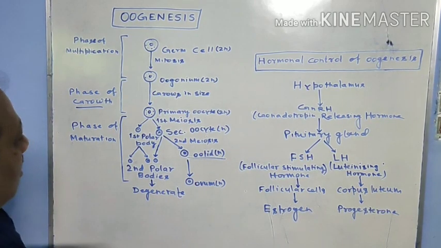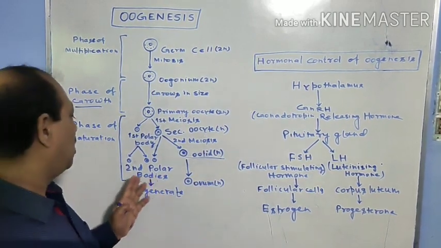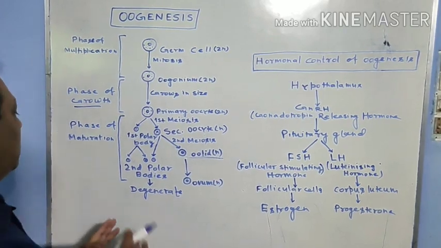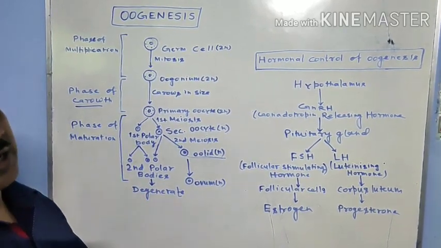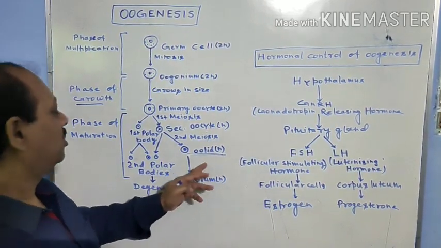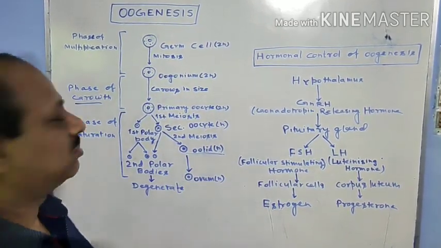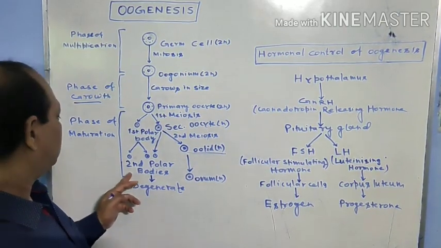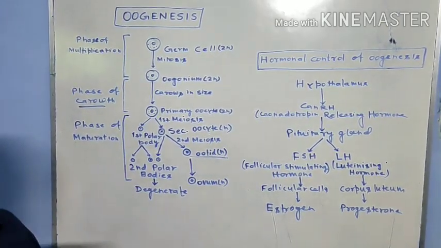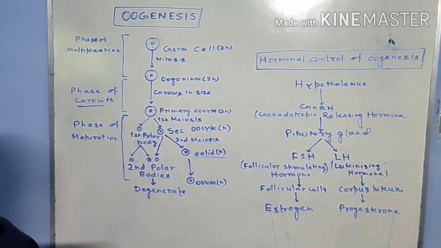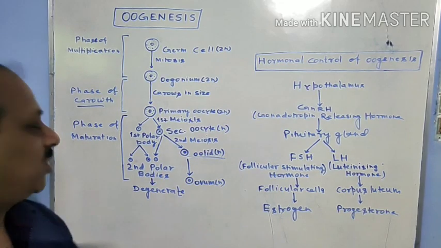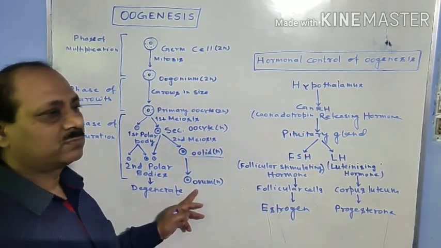In this way, in second meiosis, three second polar bodies are produced and one oocyte is formed. These three polar bodies undergo degeneration, and the oocyte is transformed into ovum.